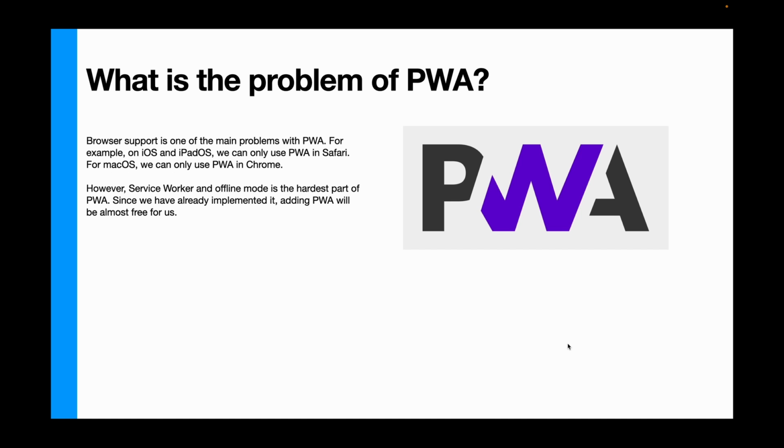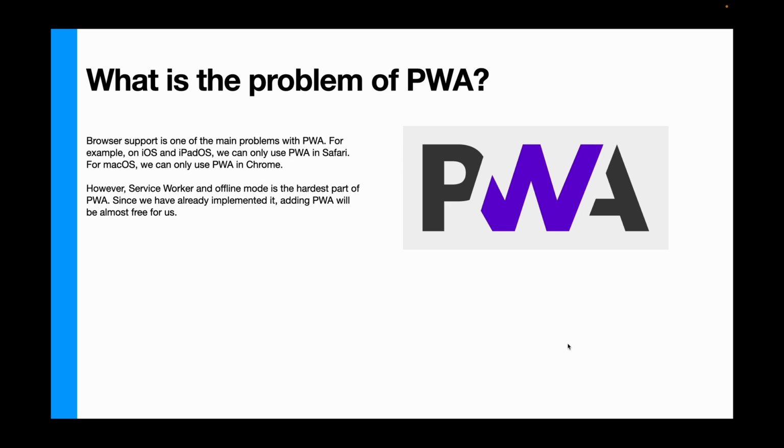The main problem is browser support. For example, on iOS and iPadOS, we can use it only in Safari. For macOS, we can use it only with Chrome. However, service workers and offline mode are the hardest part of the PWA.